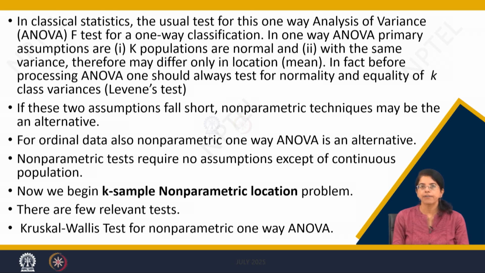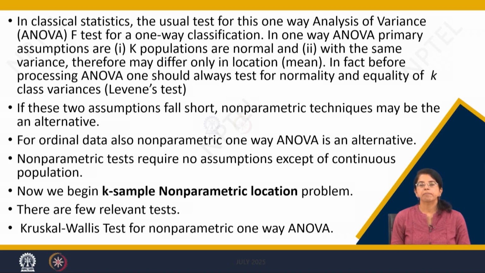Non-parametric tests require no assumptions except that the population is continuous. That is the only assumption, and many a time I keep saying that for non-parametric, continuous population is the one and only recipe one has to embed. There is nothing new in it.